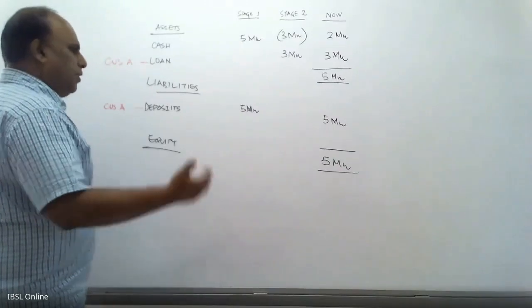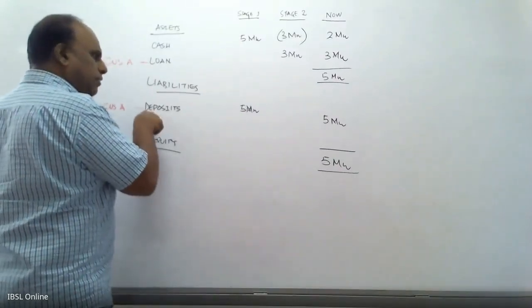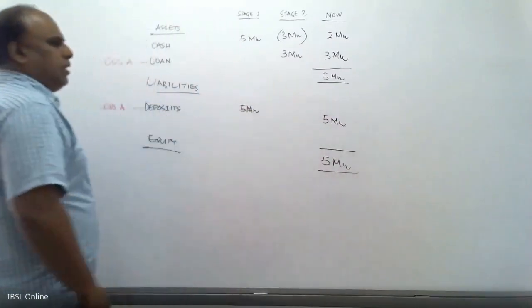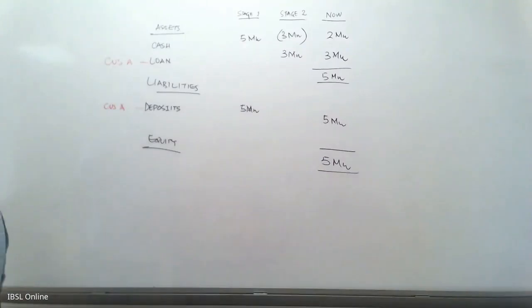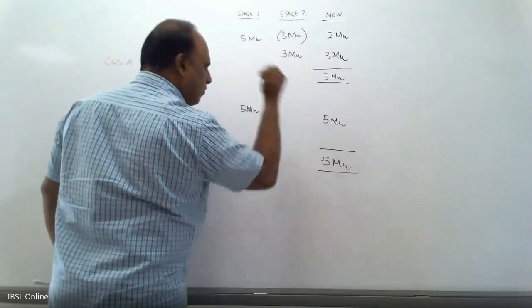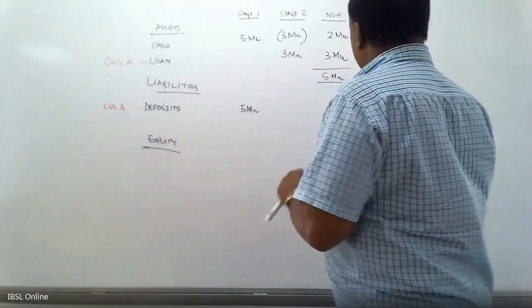On the other side, the customer has a deposit with me, so the bank is supposed to give him 5 million. Customer has to give me 3 million, I have to give the customer 5 million. So, can't I do something like this?